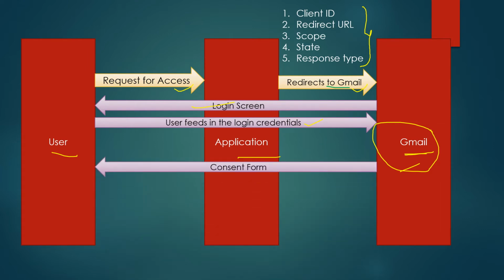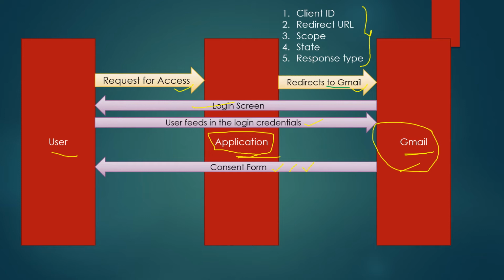Now, if the login credentials are correct, Gmail will respond back with a consent form saying that the application where you are trying to register has requested access to this many resources. Let's say it can request access to first name, last name, your address, all those things.